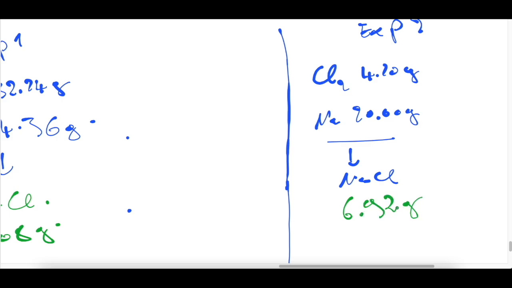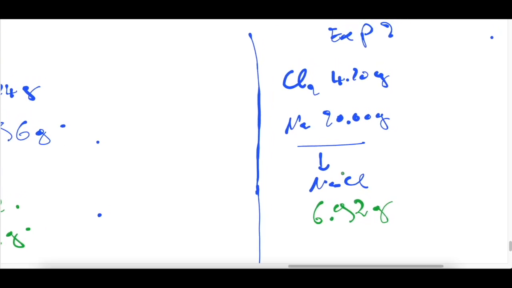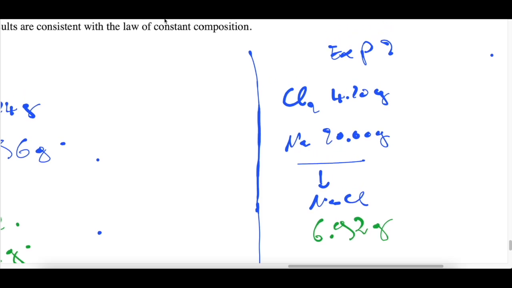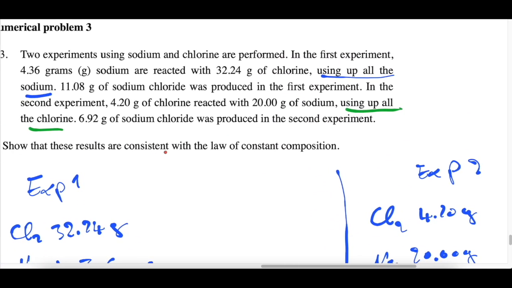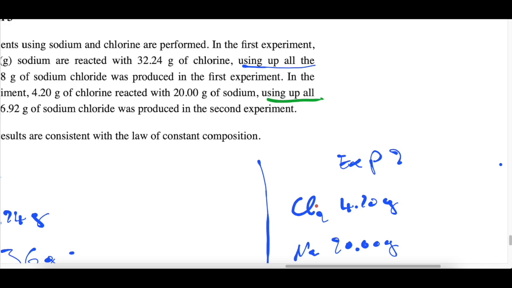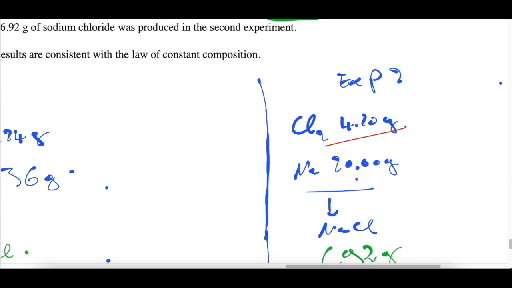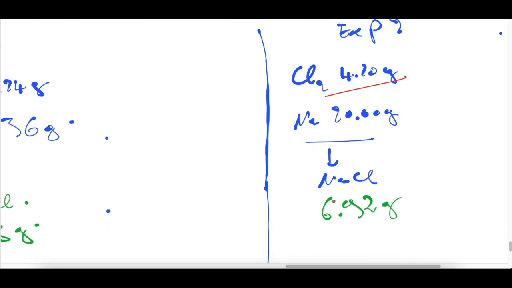How much is the percent of sodium? Here it was different. Why? Because here all the chlorine mass was consumed. So we must get how much sodium is in this sodium chloride.